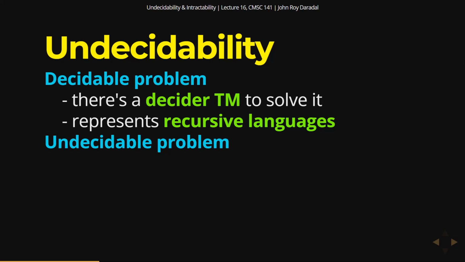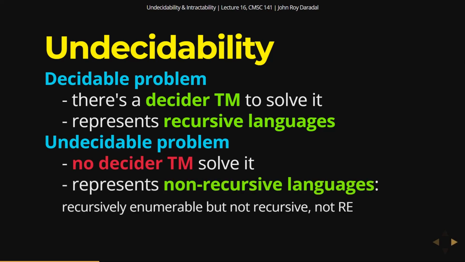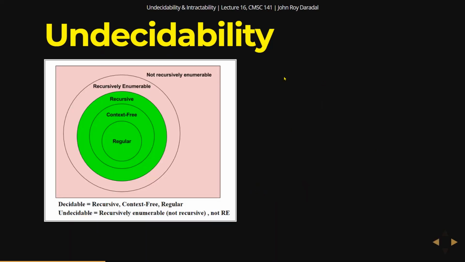If it's an undecidable problem, then there is no decider Turing machine to solve it, so it represents non-recursive languages. These are the recursively enumerable languages that are not recursive, and the not recursively enumerable ones. Let me show you a diagram to see what are decidable and undecidable problems. For decidable problems, you have everything inside the recursive languages.